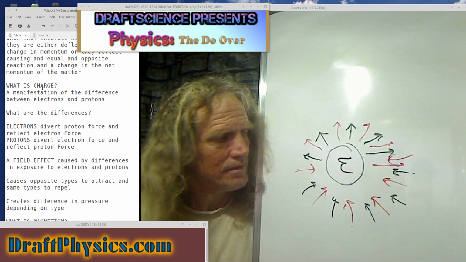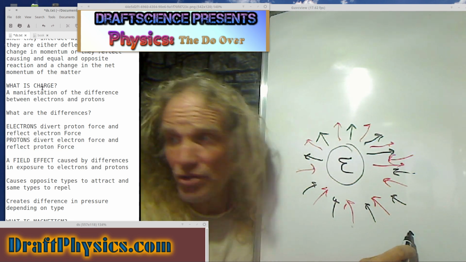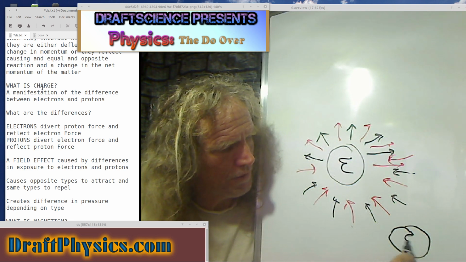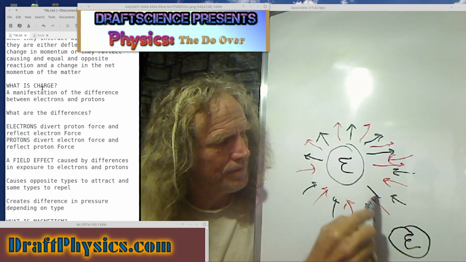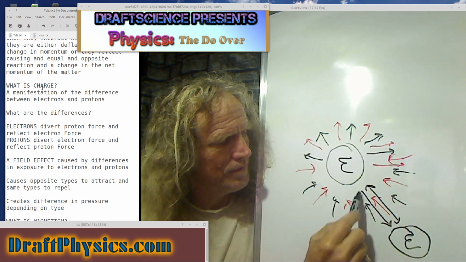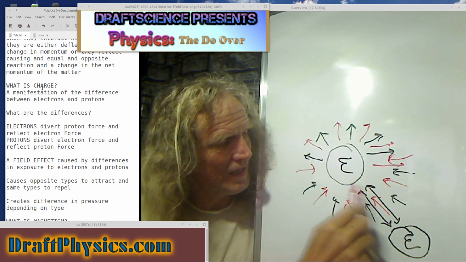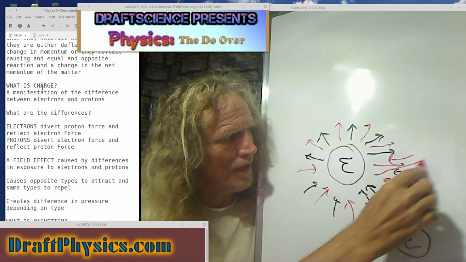But the key is that when you put another one of these electrons in the picture, now we can almost make them down here. Okay, you put another one of these electrons, you can get the idea that all the black stuff is going to just keep reflecting back and forth, and all the red stuff isn't going to stay even, because any red stuff that hits this electron is going to go that way.